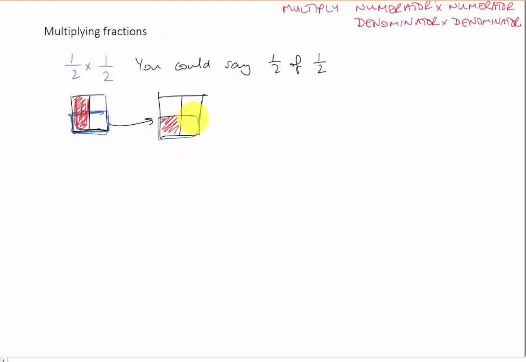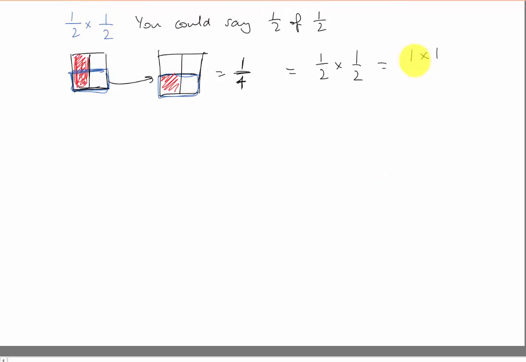In the end we have 1, 2, 3, 4 equal parts. So our denominator is 4 and one of them is coloured in, so it's 1/4. And that's the same thing that would happen if we did 1/2 times 1/2. So we multiply the numerators together and the denominators together.